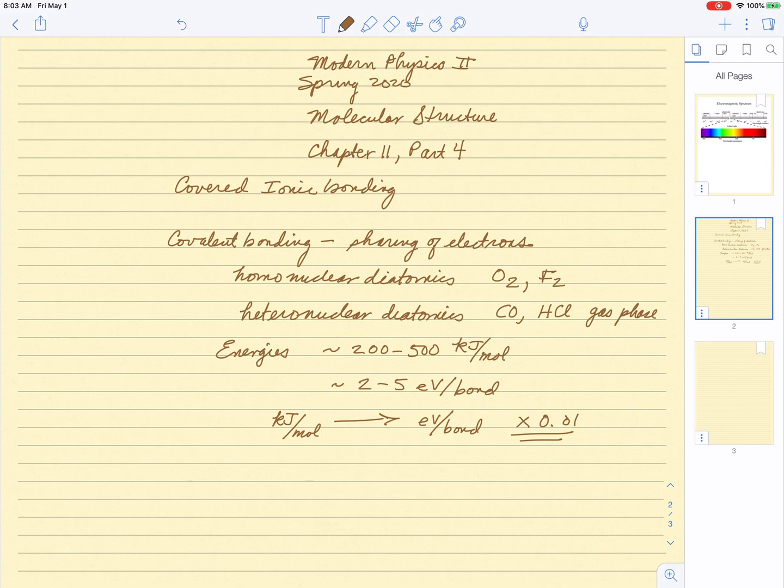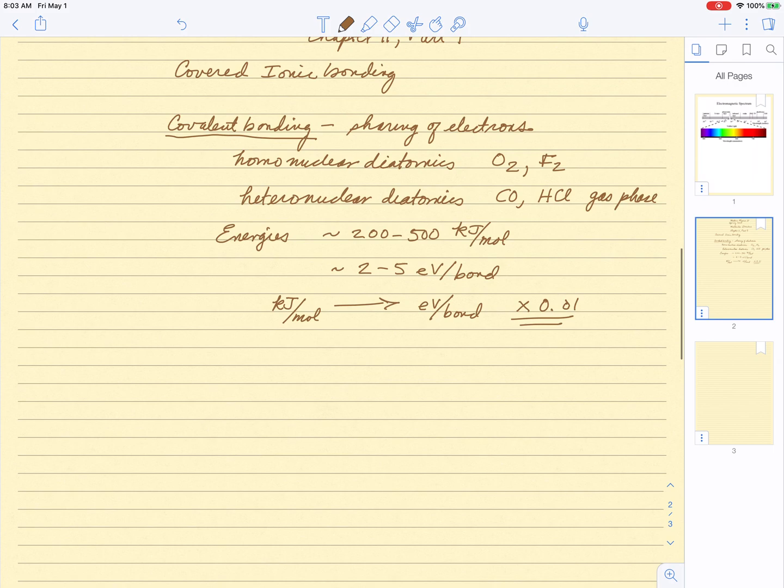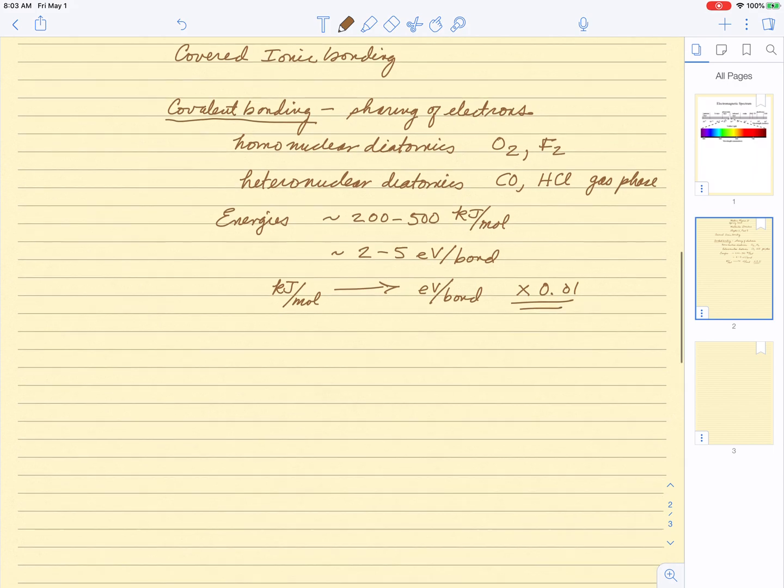So 200 to 500 kilojoules per mole, 2 to 5 eV per bond. So that's a nice conversion factor to have lurking around in the back of your mind. So again, we might touch a little bit on covalent bonding a little bit later when I talk about some more complicated bonding in this chapter. But for now, I just want to move on to the overall landscape here.